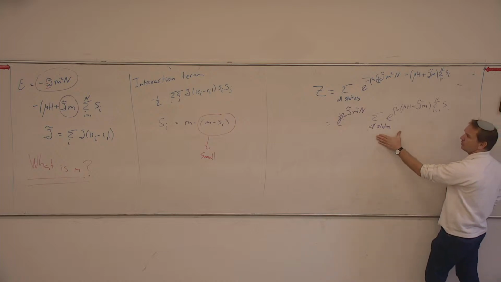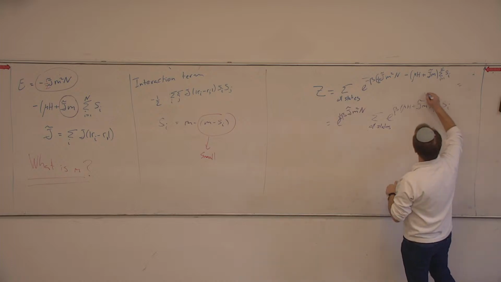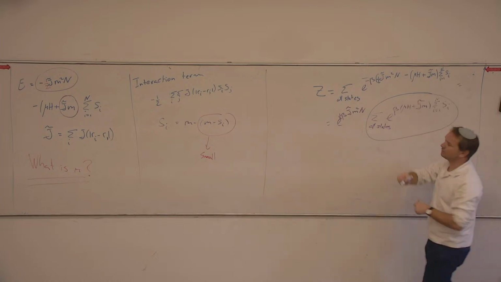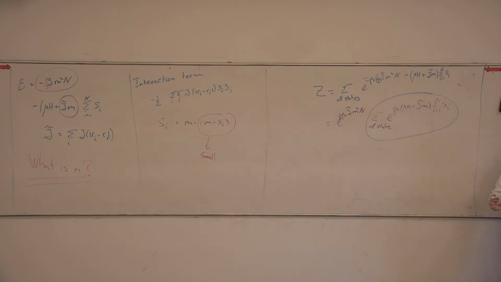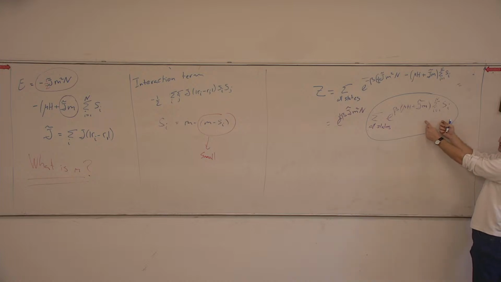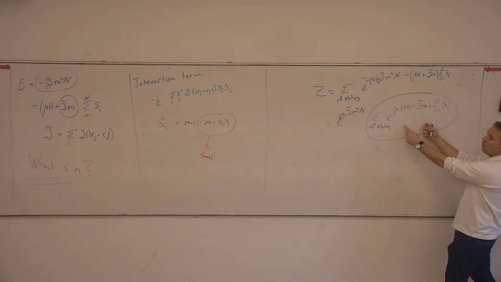Now, we treated this when we treated the very simple free Ising model, and this is exactly a very simple free Ising model. It's a factorizable sum, right?